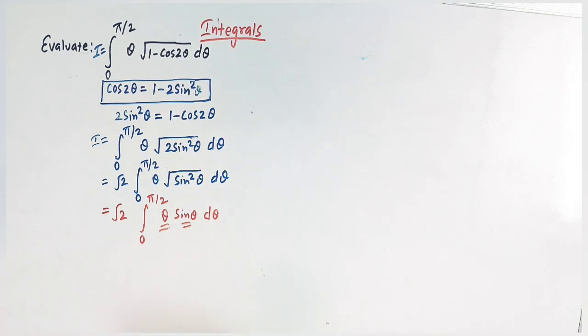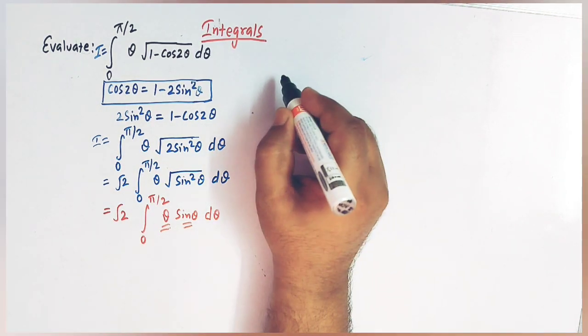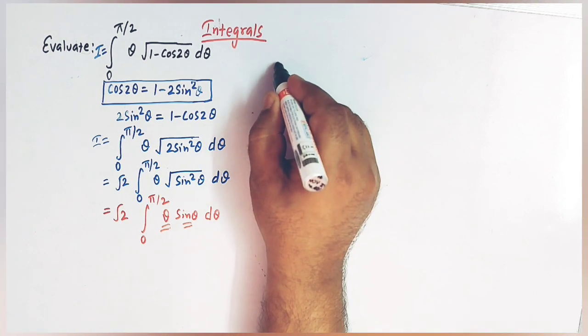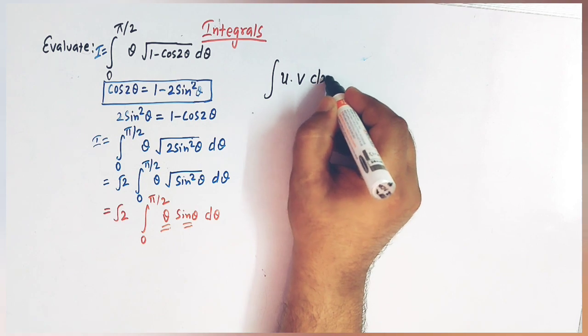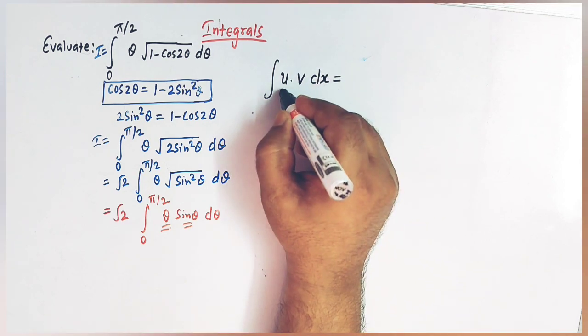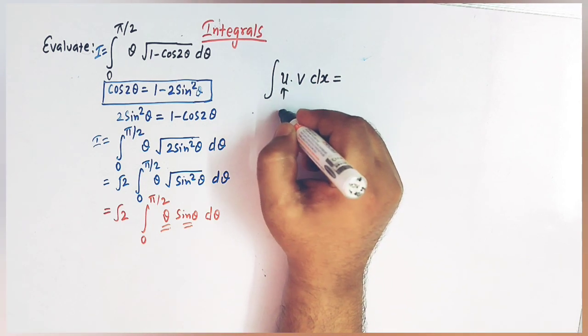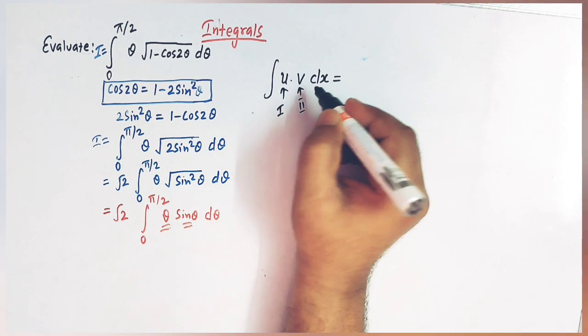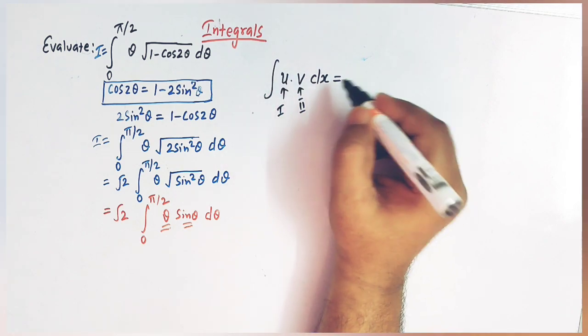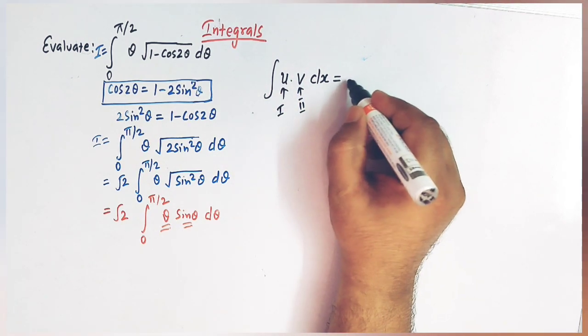Let us first write the formula for integration by parts. Suppose we have two functions u and v, which are functions of x, and if we treat u as first function and v as second function, then the integration by parts formula goes like this.